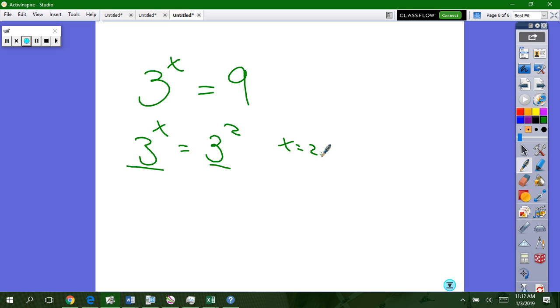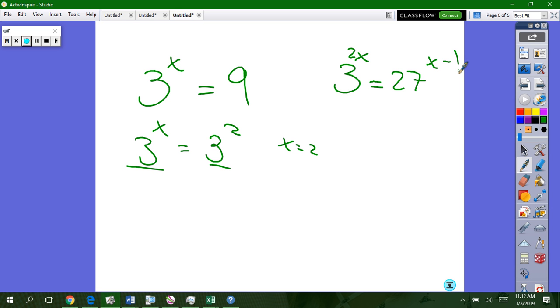Because, for example, let's do this guy. Okay? That one's not as easy to see. You can't just say, oh, 3 squared is 9.